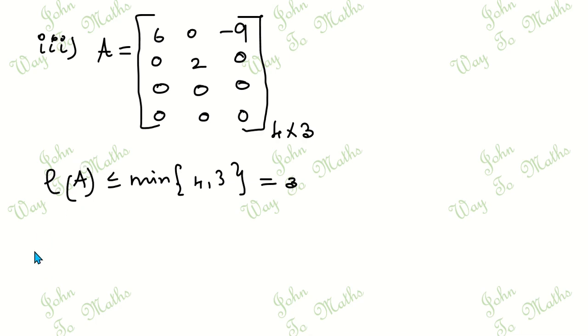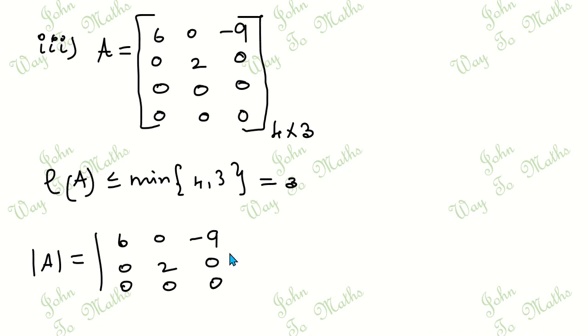So first I'm going to find the determinant of A matrix. I choose the first three rows, 6 0 -9, 0 2 0, then 0 0 0. Looking at the diagonal entries, values are only on the upper side, so that becomes an upper triangular matrix. The lower triangle is fully 0. So for an upper triangular matrix, if we multiply the diagonal we get the determinant value.